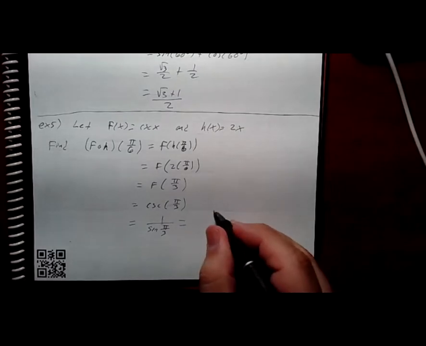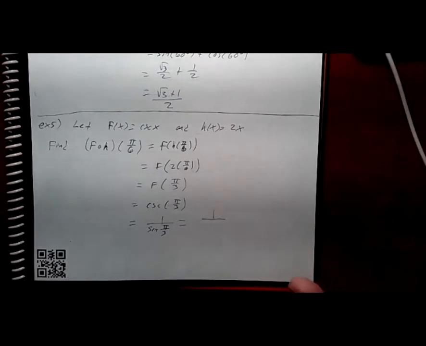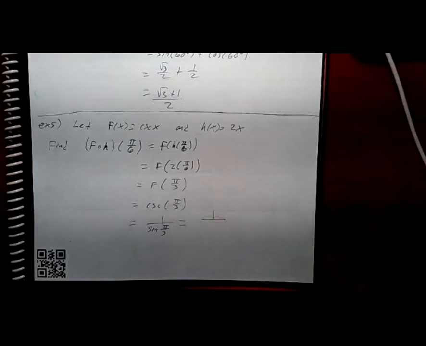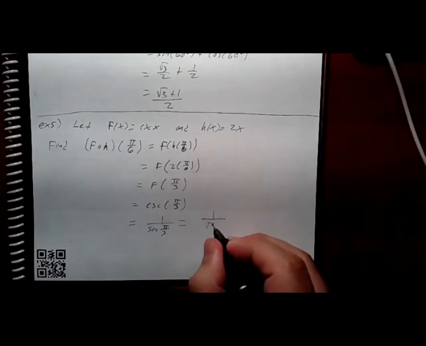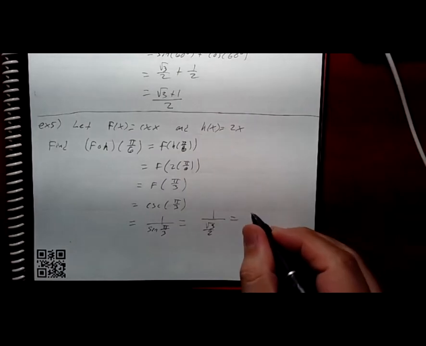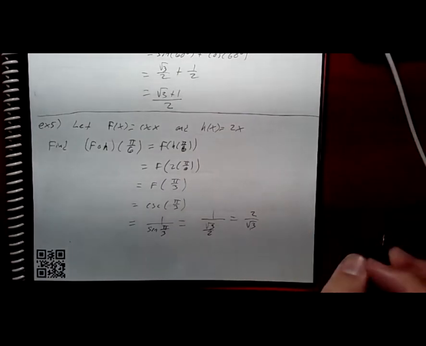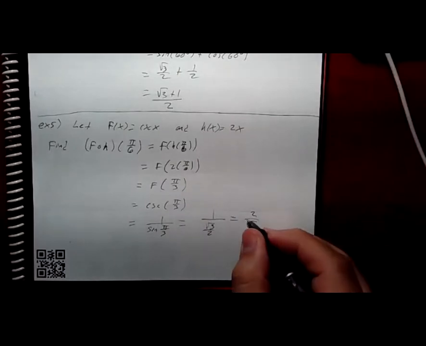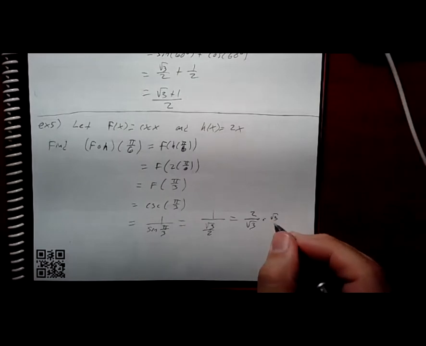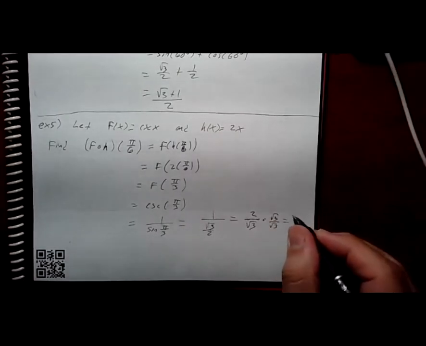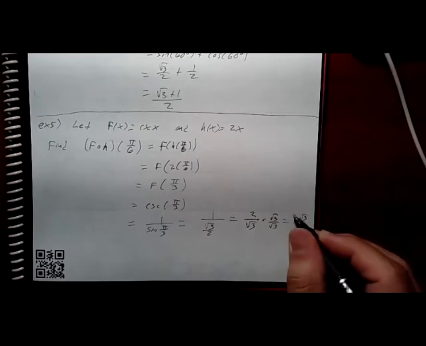So this would become 1 over, sine of pi thirds, let's look at the circle, is the square root 3 over 2. So 1 over square root 3 over 2, which will be 2 over root 3. Rationalize this guy if you want to, or we need to. You will get this.